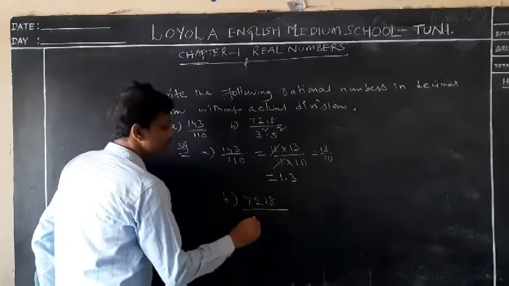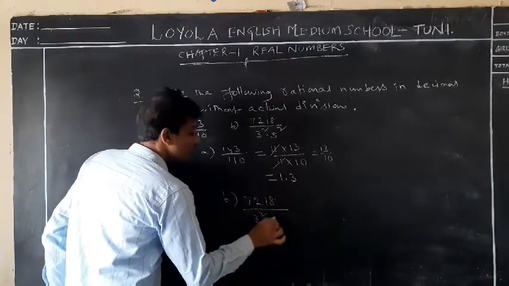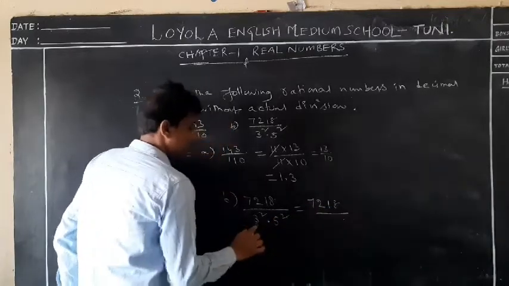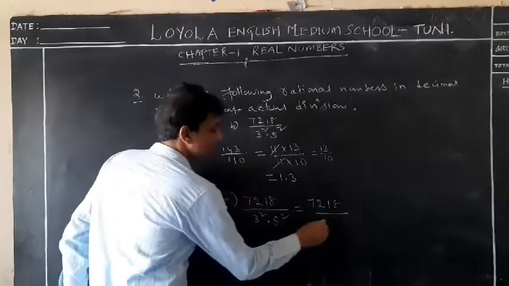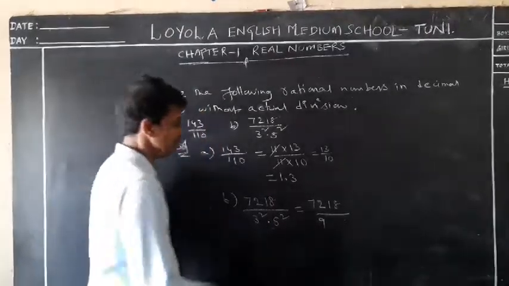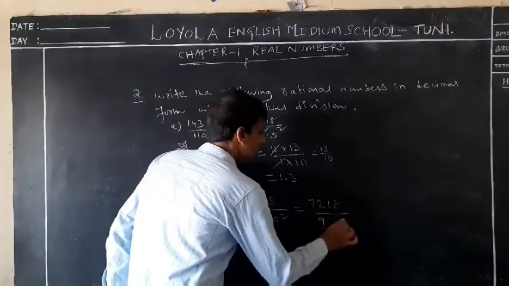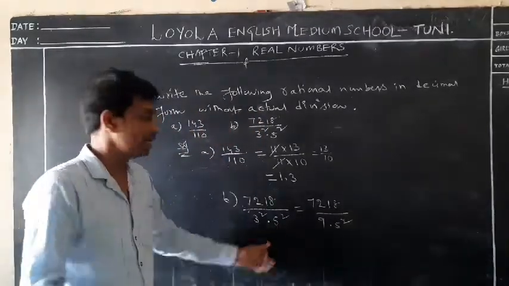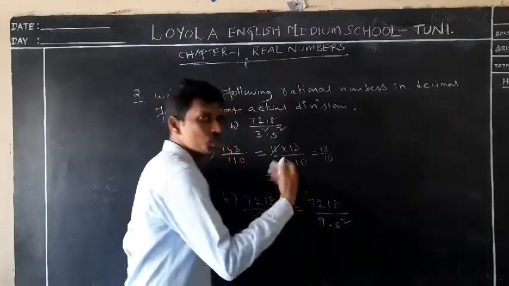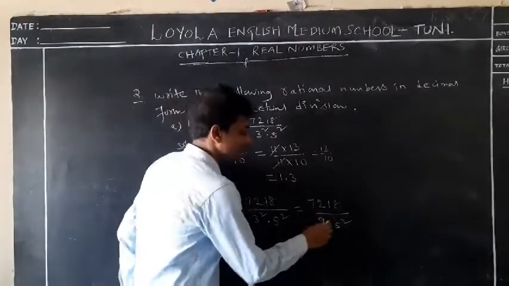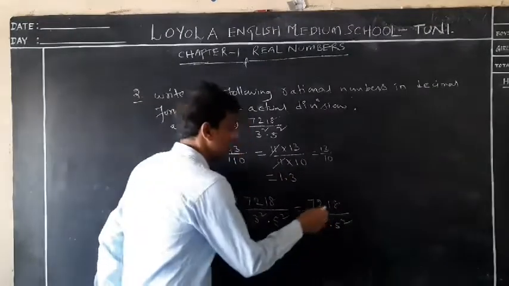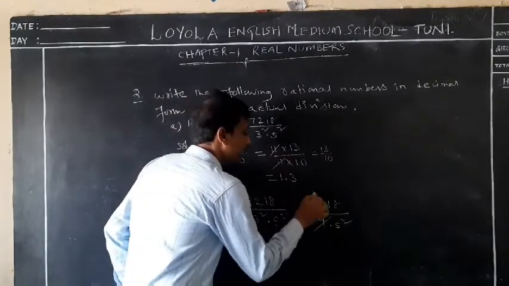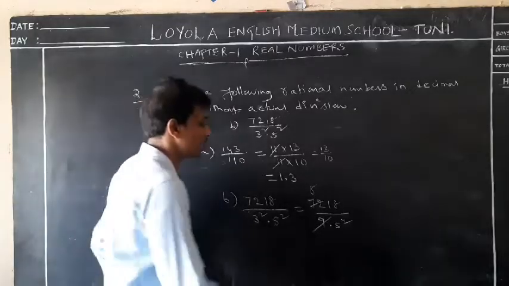7218 by 3 square into 5 square. 7218. What is the value of 3 square? 9. You need not find the value of 5 square. You leave it like that only. Let us do the simplification with the 9 table. 9 8s are 72.